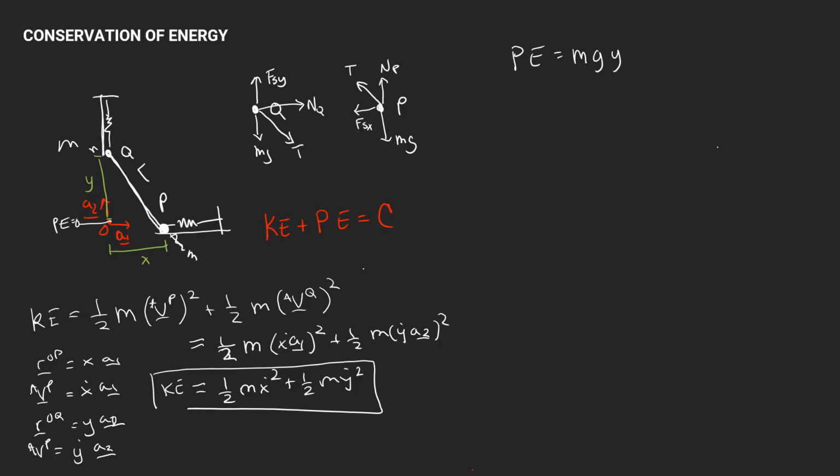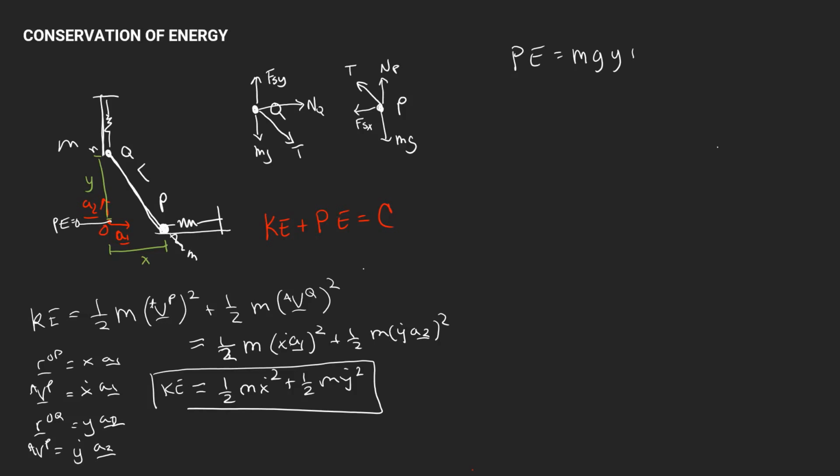Now the gravitational force that's acting on P, well, the location of P is already at the zero potential energy point. So in essence, that would be the same as saying y is equal to 0. So we don't include that term here.